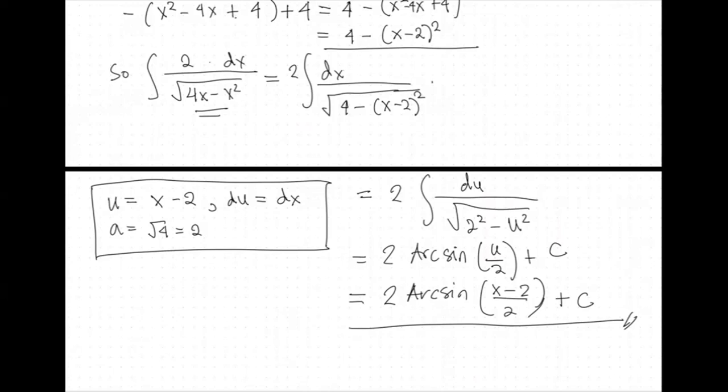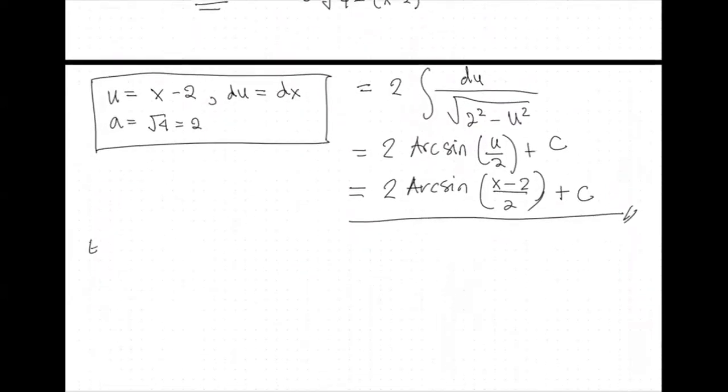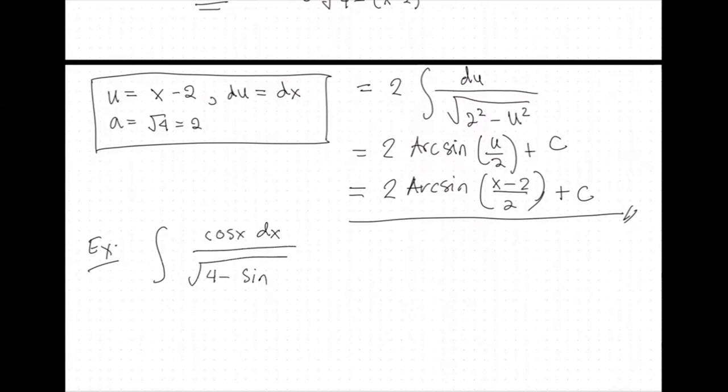All right, let's do a similar example, not similar but a trigonometric example, for 4 minus sine squared. So the substitution is u equals sine of x, du is cosine of x dx.